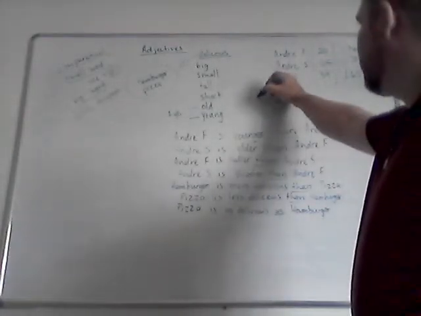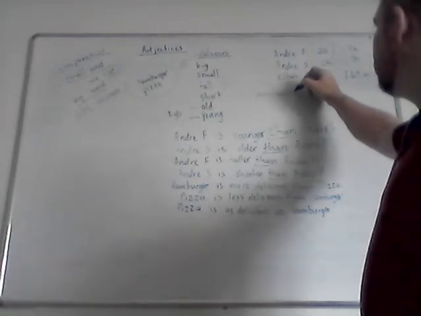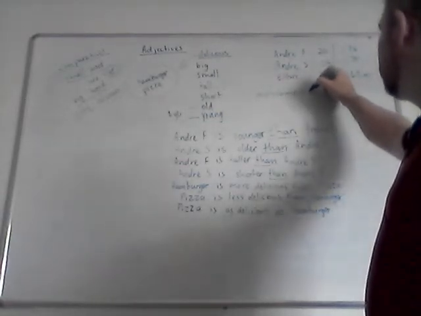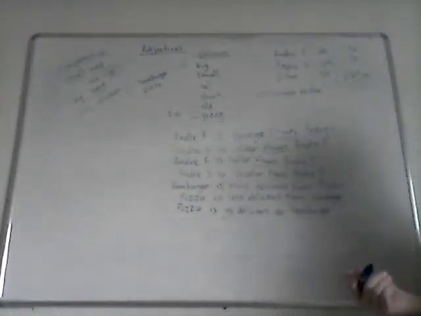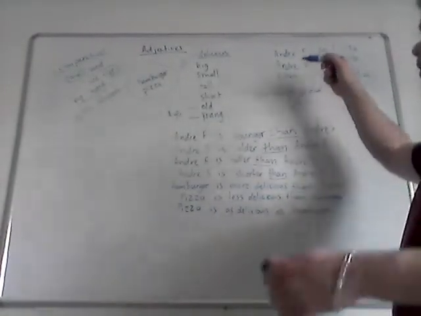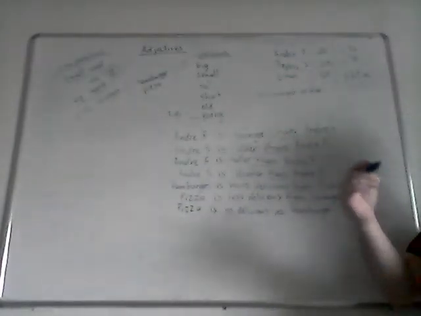Agora, eu posso falar, por exemplo, my younger brother. Meu irmão mais novo. Eu posso falar my older brother, que seja meu irmão mais velho. Eu posso usar isso também.